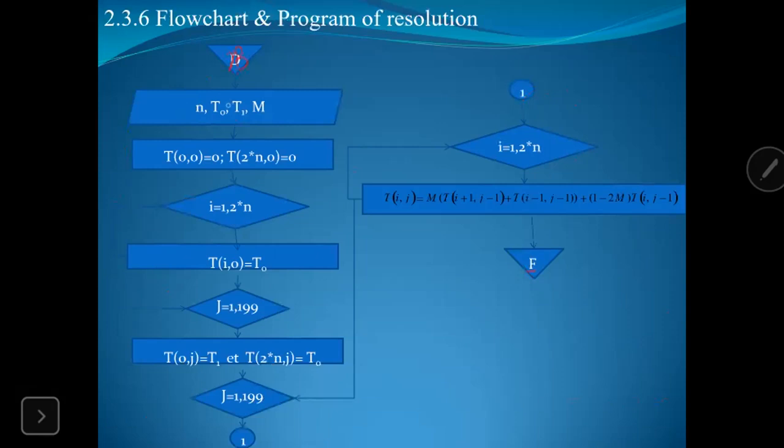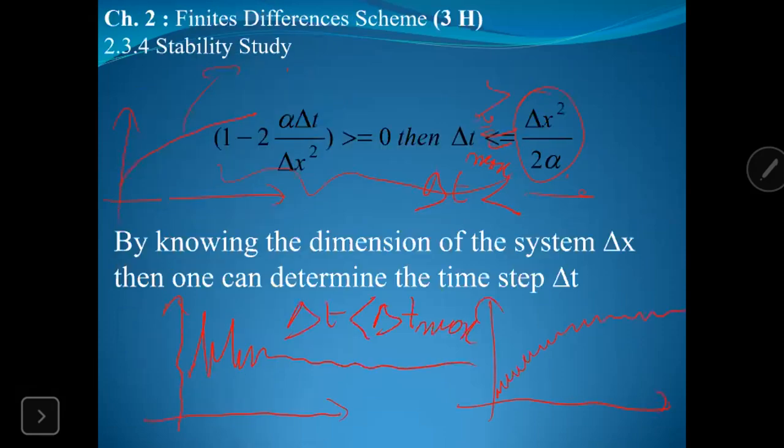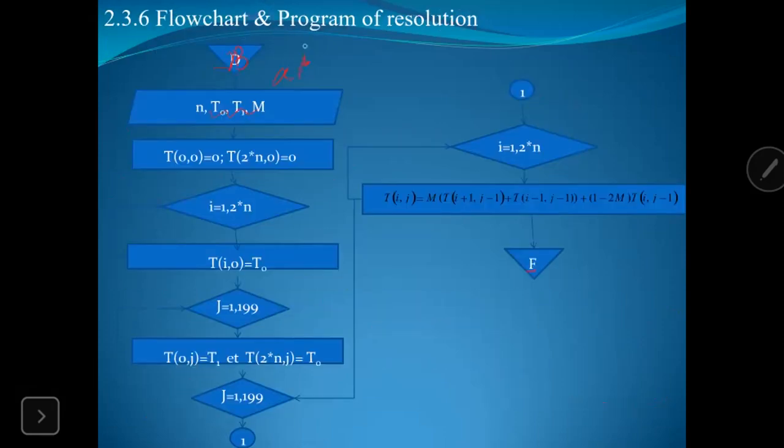Then we enter into the program the boundary condition and the initial condition, T0, T1, and the value M, which is alpha delta T over delta X square.